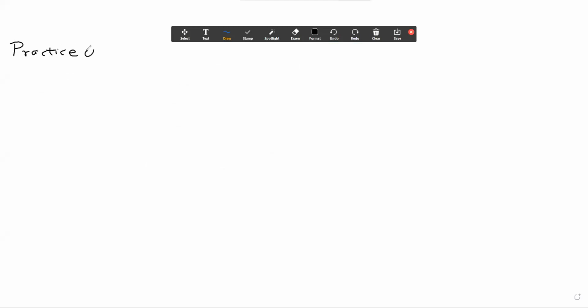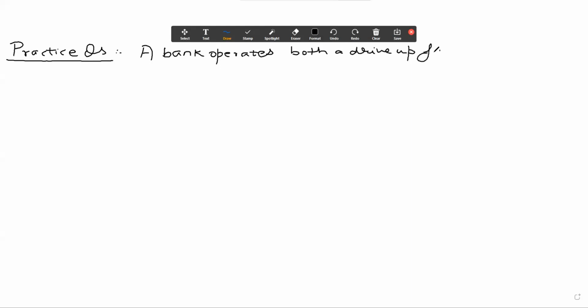So consider the same question which we had done in the last lecture. The question was as follows. A bank operates both a drive-up facility and a walk-up window. This is the example we had taken in the last lecture.